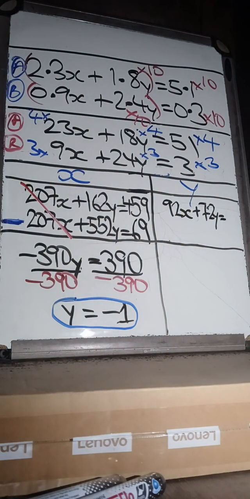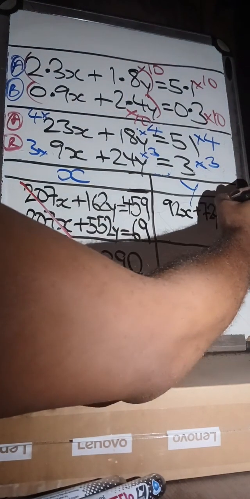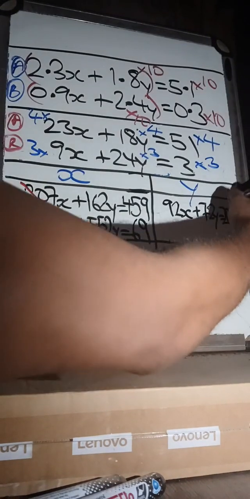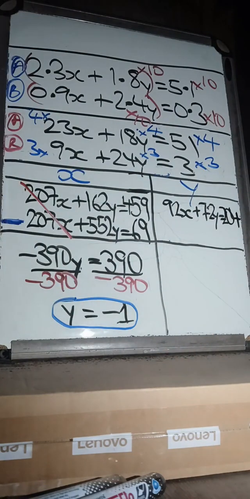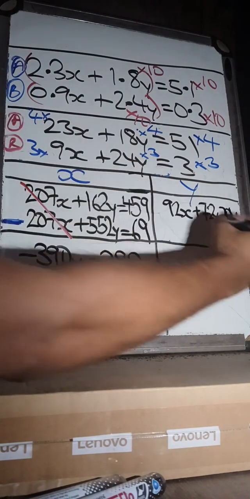What else now? Oh, 51 plus 51, 102 plus 102, so this is 204. Yeah, so that's 204. So 92x plus 72y equal 204.